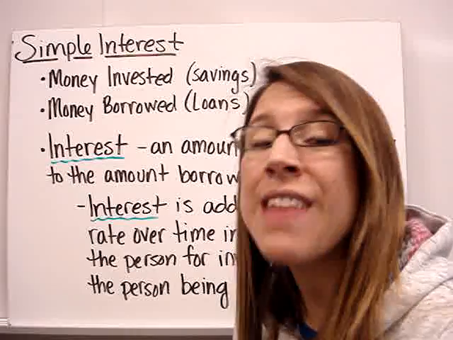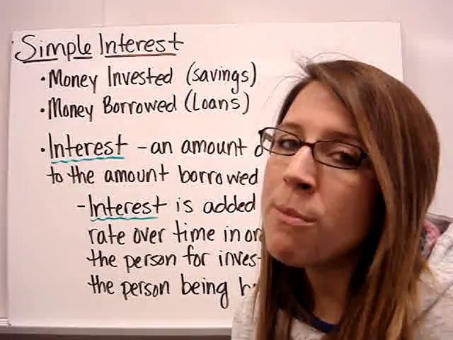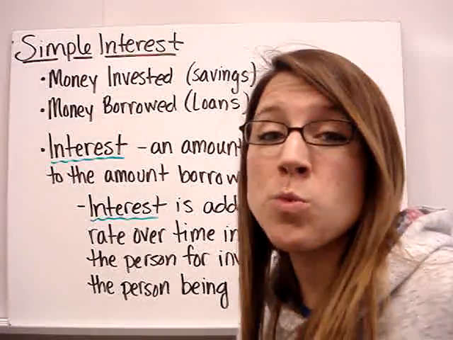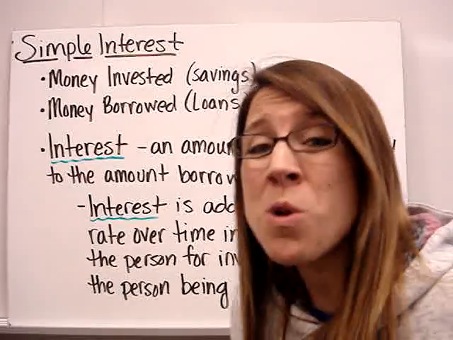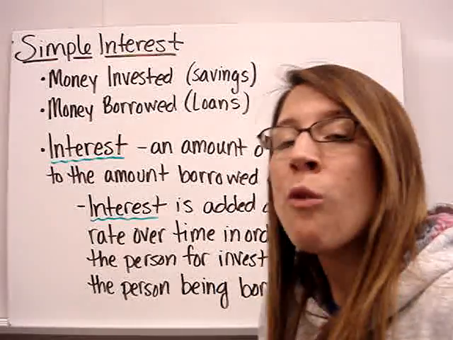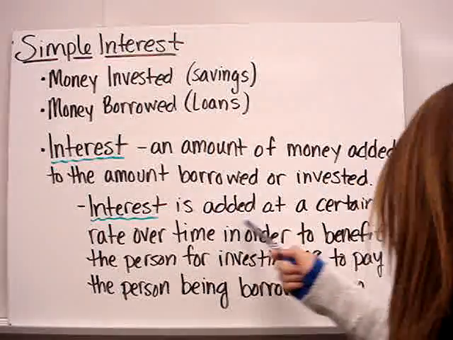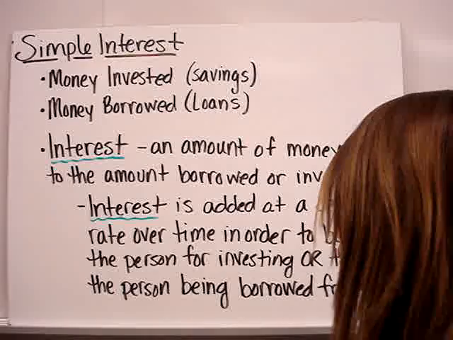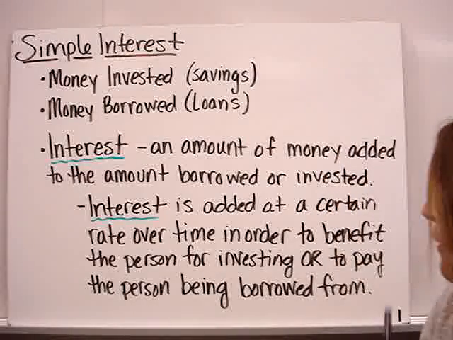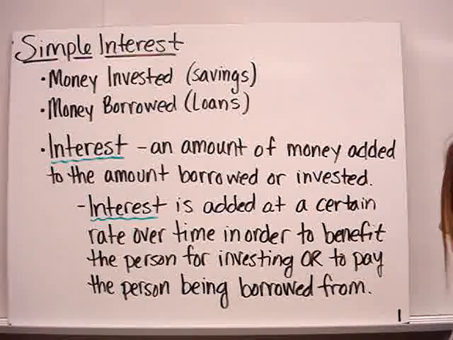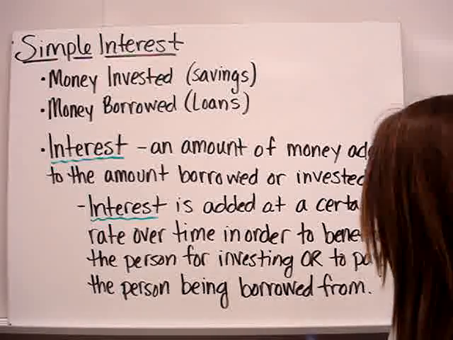So I'm paying them a percentage of the money I borrowed, and that's called interest as well. So I'm actually going to end up paying more than $16,000 over the time that I have to pay for my car. Interest is added at a certain rate over time in order to benefit the person for investing or to pay the person being borrowed from.